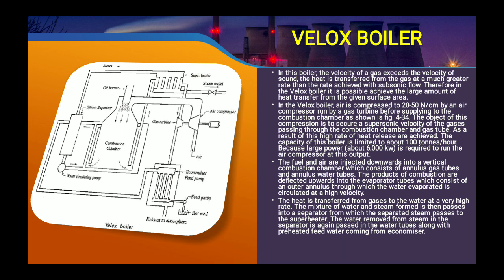The heat is transferred from gases to the water at a very high rate. The mixture of water and steam formed then passes into a separator from which the separated steam passes to the superheater. The water removed from steam in the separator is again passed into the water tubes along with the preheated feed water coming from the economizer. So by this process the efficiency of this boiler is increased.